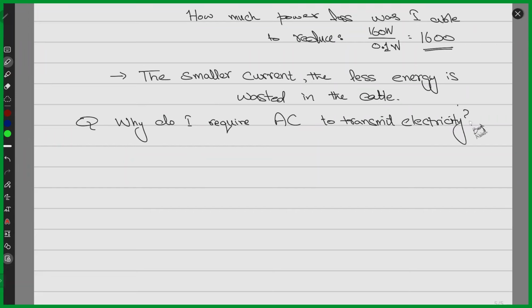Why didn't we use direct current instead? Why do I need an alternating supply of current for transmitting electrical energy? Any guess? Again, think in terms of the energy losses.